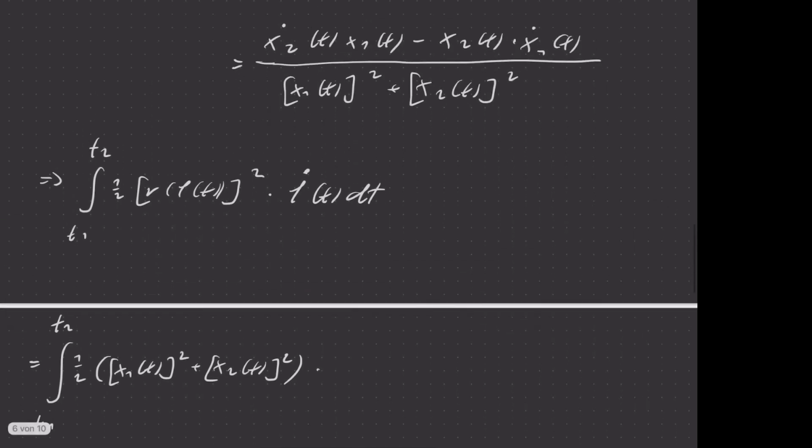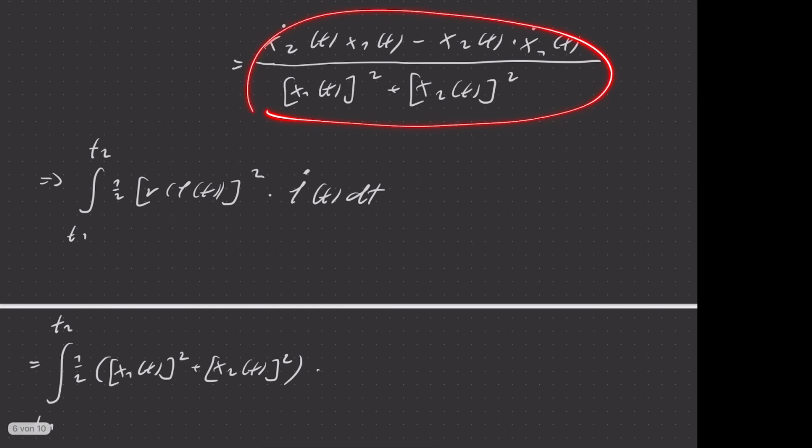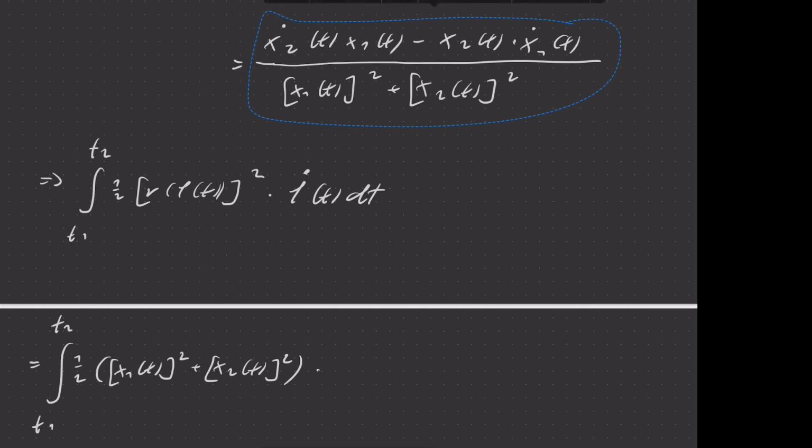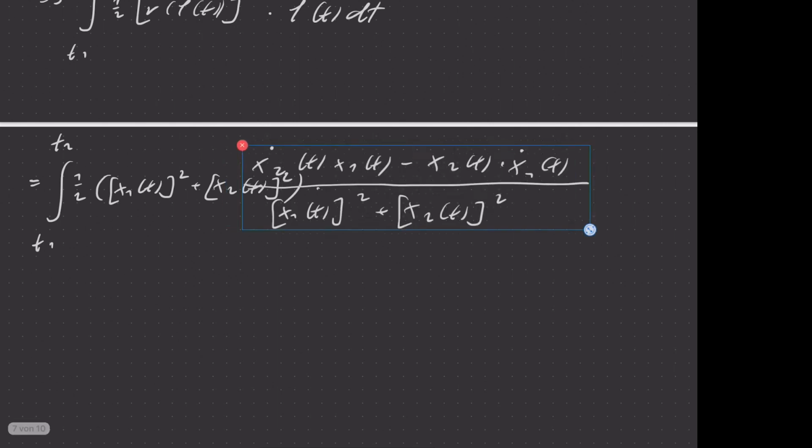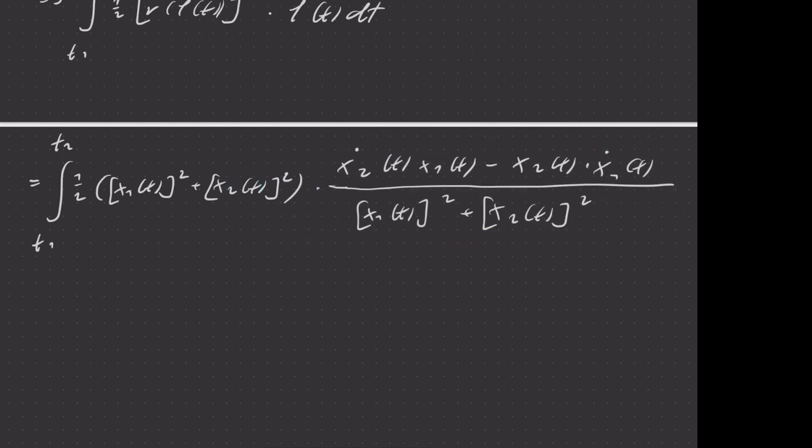And remember that is r squared, so no need to square it again. And we multiply that by phi prime, and we've just computed phi prime as being this expression here. So let's just copy that. And then we need to integrate this dt. And you can hopefully immediately see there's one simplification that we can make.